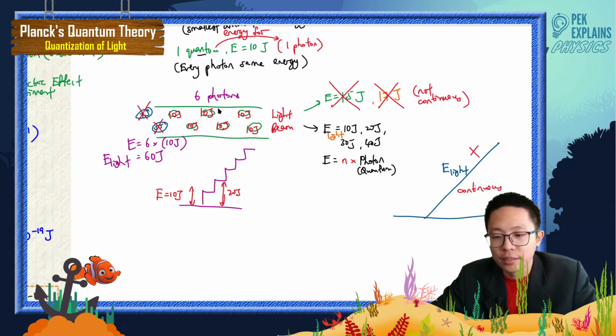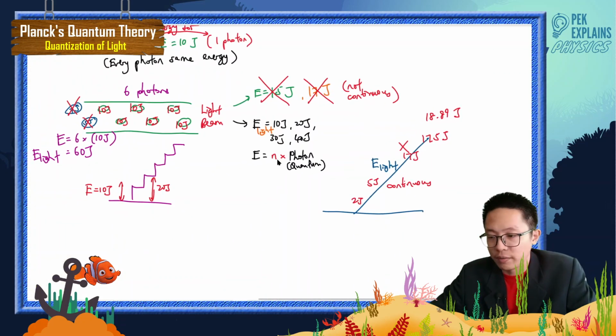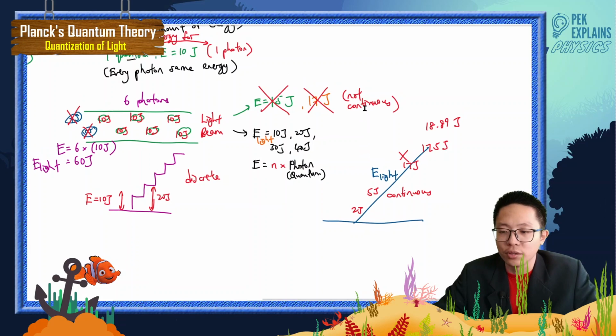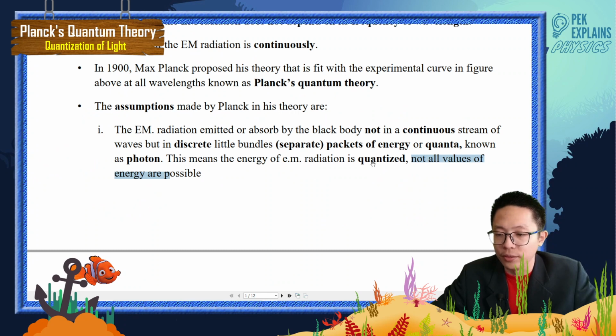That means it's not like you can have 2 joule, 5 joule, 17 joule, all values, even 17.5 joule or 18.89 joule. It's not like that. It's not continuous, it's discrete, like a staircase. Not all values of energy are possible. It's quantized with discrete values.